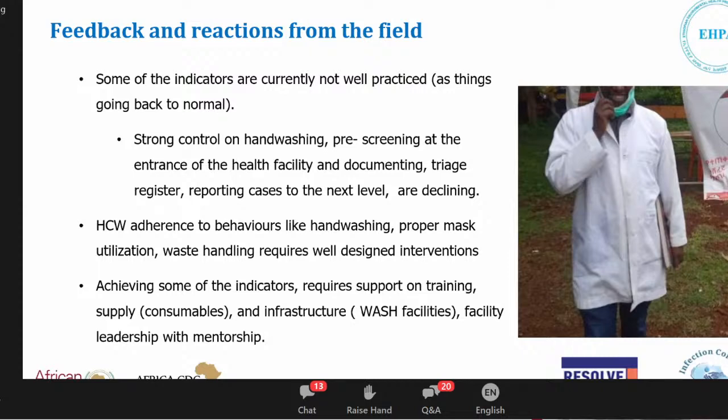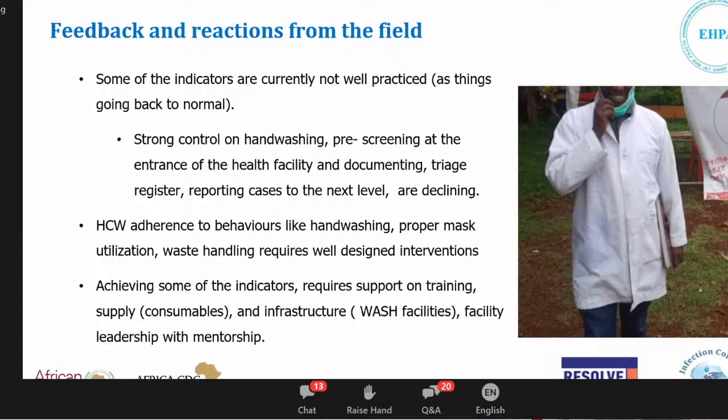The other point is that achieving some of the indicators requires some support, like very focused and specialized training and the supply of consumables. I know not everything is expected from the facilities by themselves, and the country also needs to support the facilities, but we observe this kind of challenge from the facilities, like infrastructure problems. For water supply, they travel a long distance to fetch water.